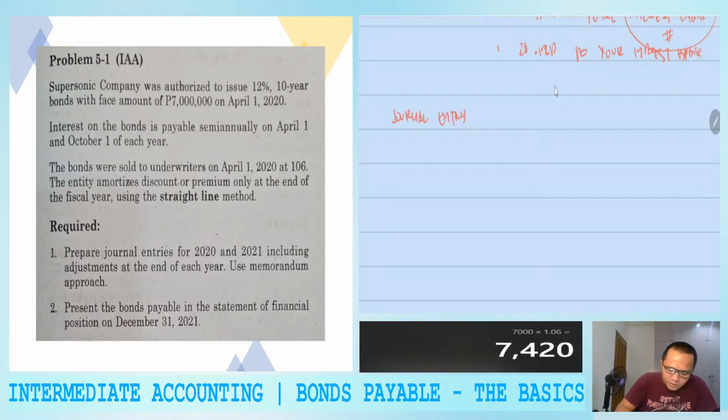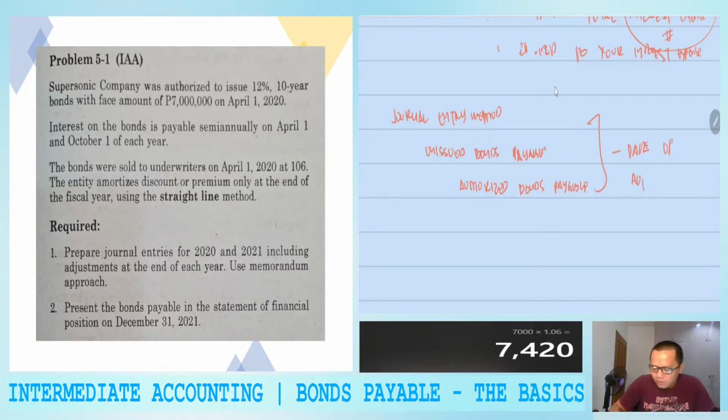If we are to use the journal entry method, authorization is recorded by debiting unissued bonds, crediting authorized bonds. Okay? That is, no? But this is only on the date of authorization.